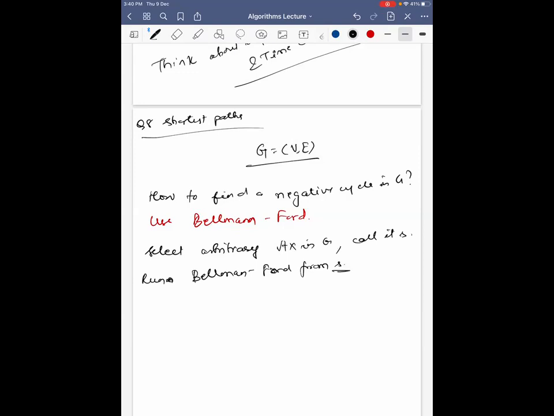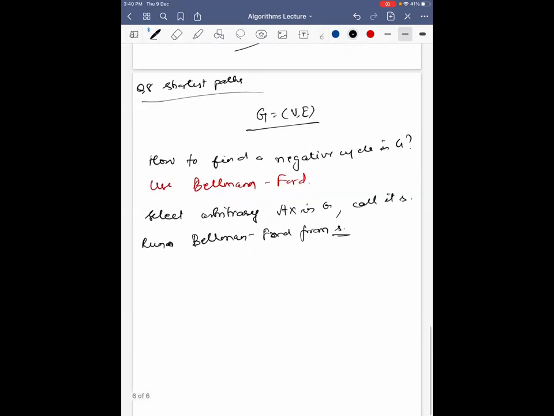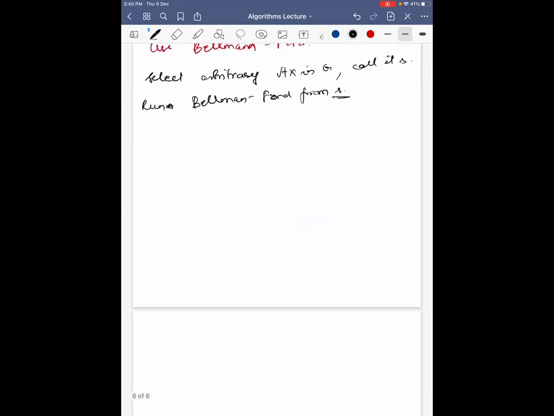Suppose it does not contain a negative cycle. Then remember that Bellman-Ford will compute the shortest path distance from the source S to every vertex of the graph. So let's remember this.